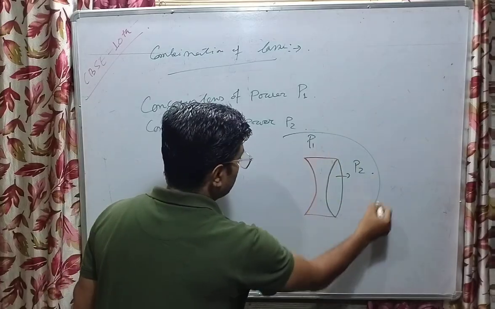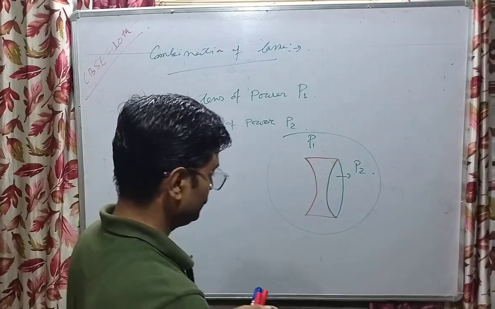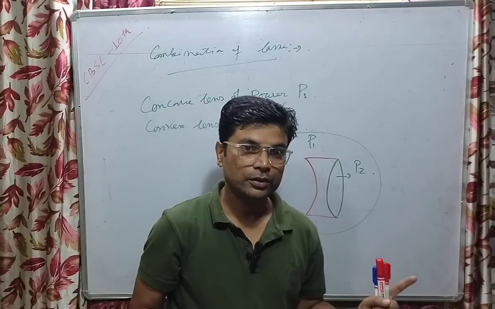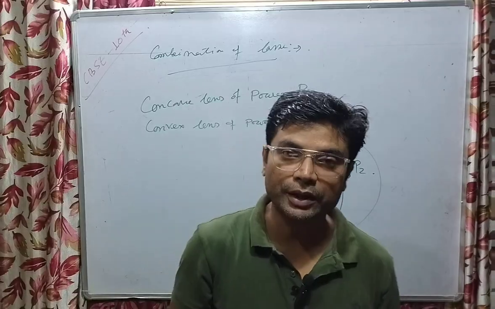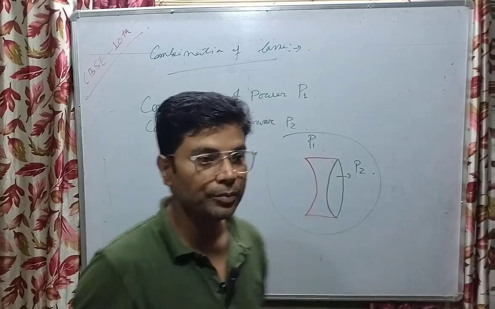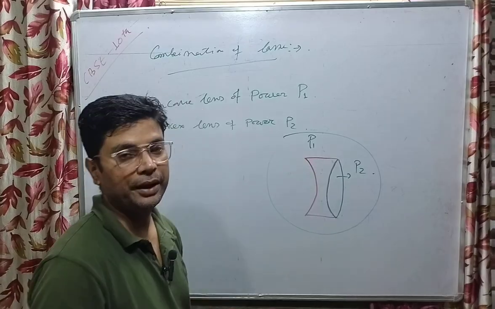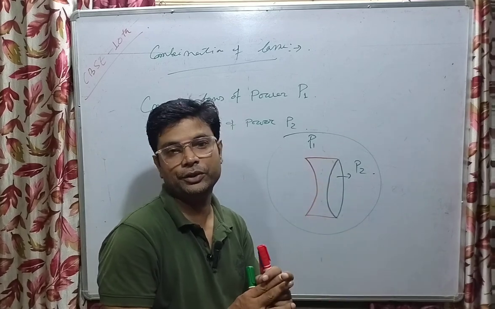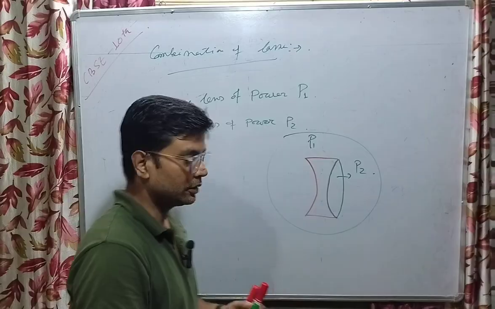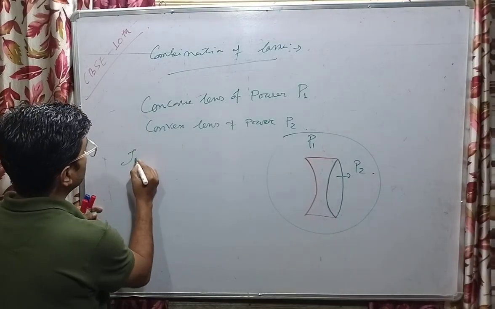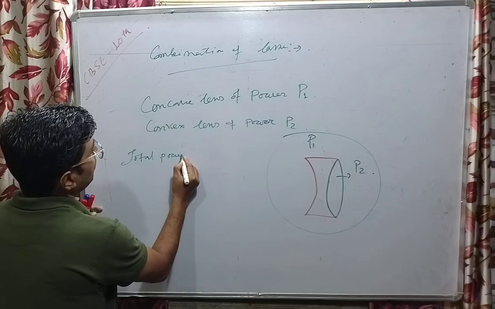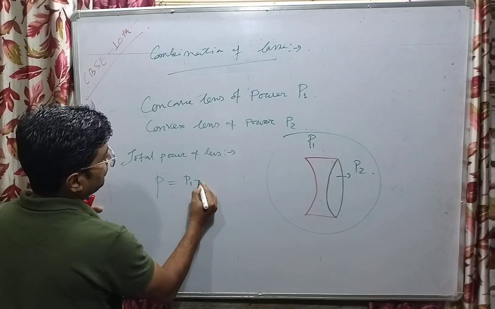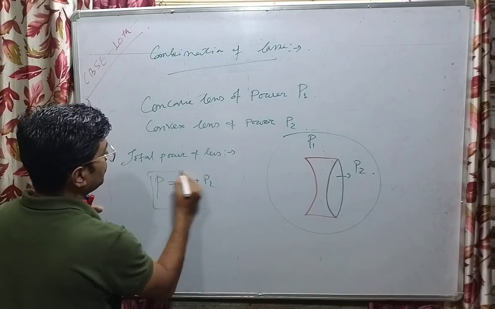What will be the total power of the combination? Total power of the combination is given by addition of these two lenses. Simply I am going to add the power of those lenses. Okay, the total power of lens P is given by P1 plus P2.